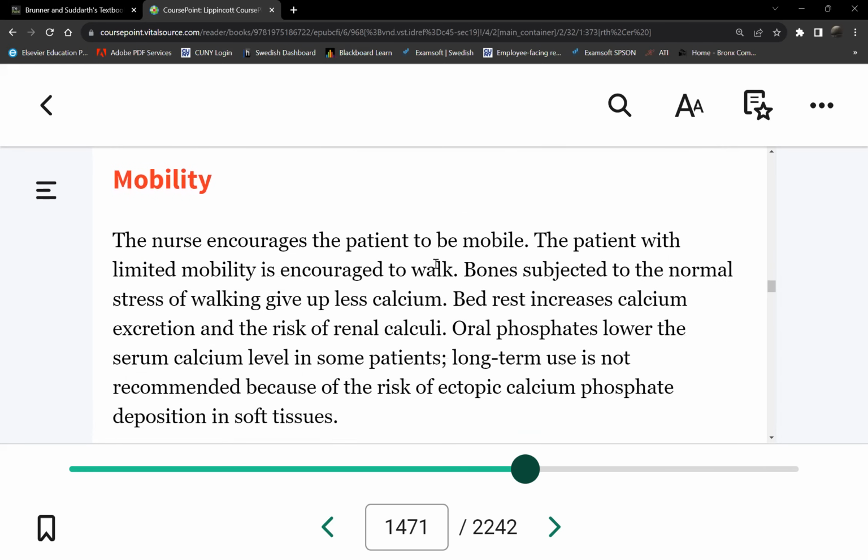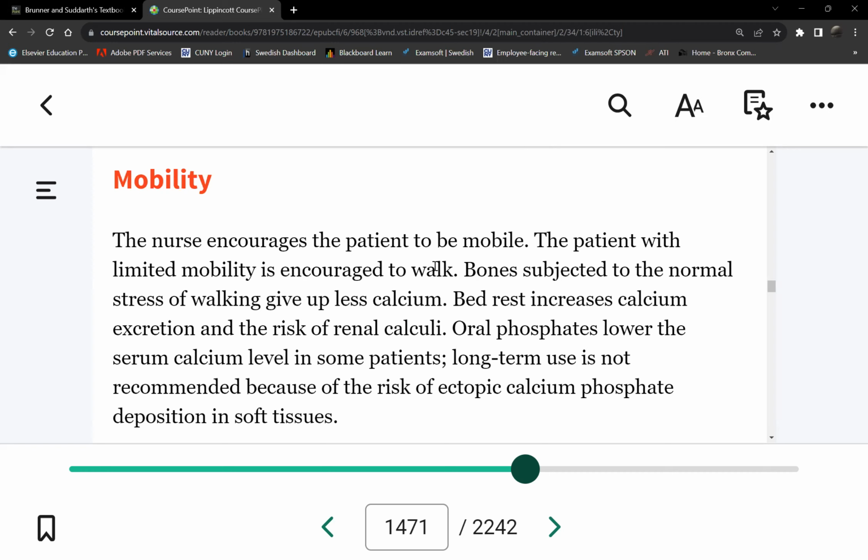For mobility, remember what they are at risk for? Fractures, right? They have weakening of the bone. So what does that mean? What activity do we prescribe? Weight bearing. Bed rest or ambulation? Ambulation. Why?